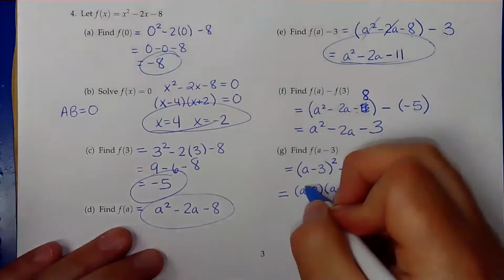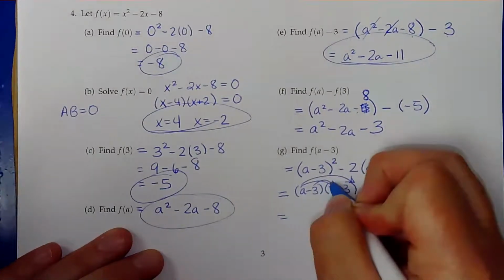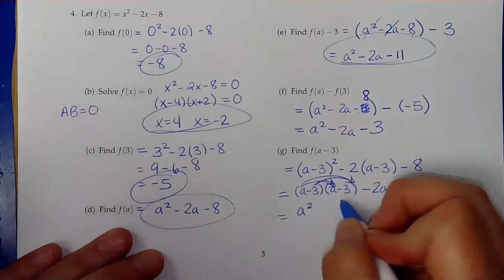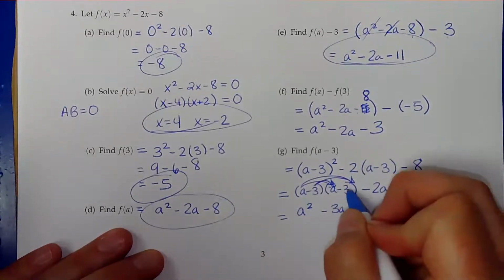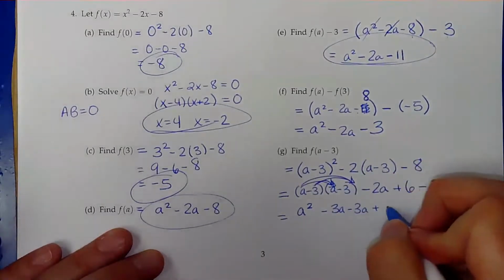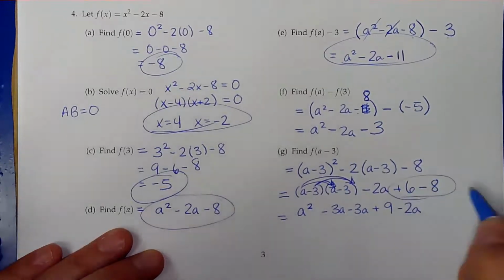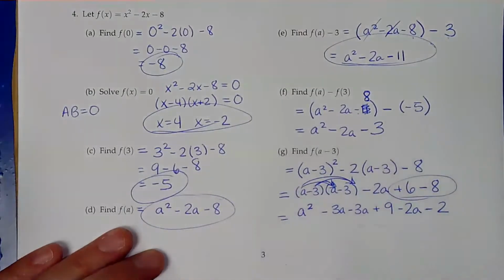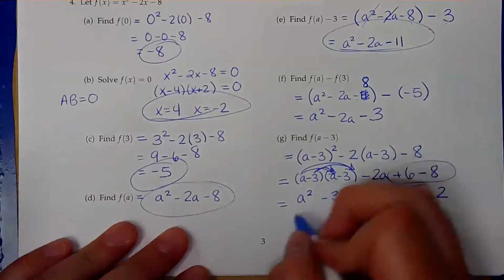Then let's FOIL this out. Remember, you've got to multiply this with everybody. So I get a squared minus 3a minus another 3a, and then plus 9 minus 2a, and then I'm going to combine these two while I'm here. So plus 6 minus 8 gives me a minus 2. And then one last step of combining like terms.